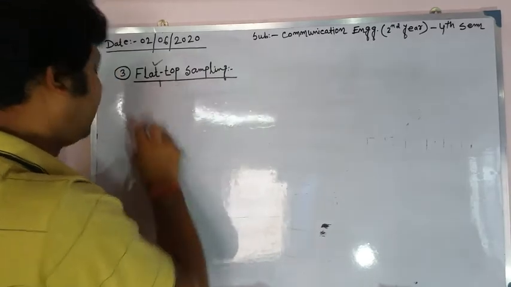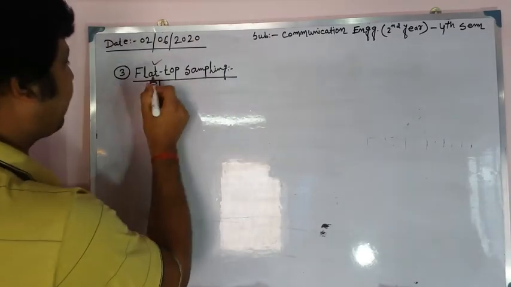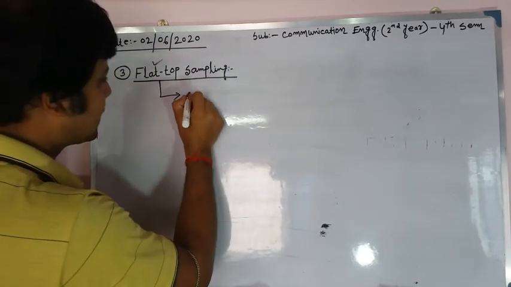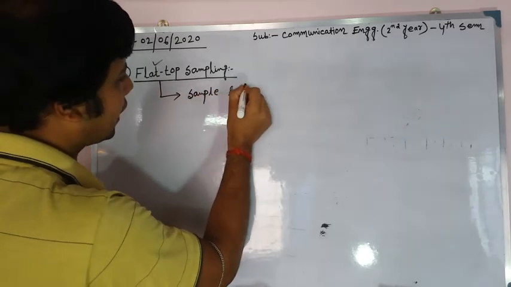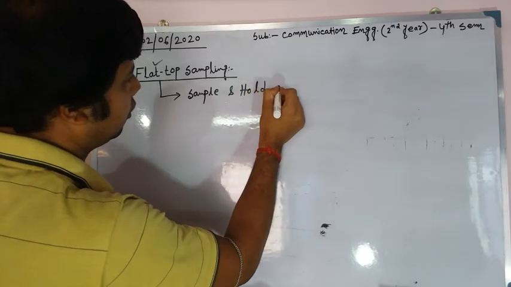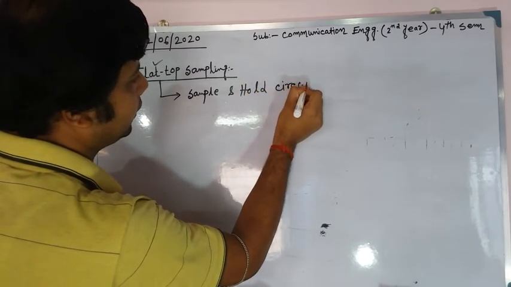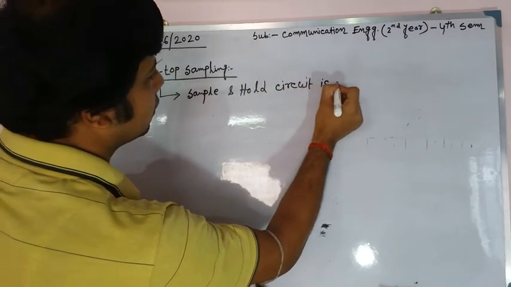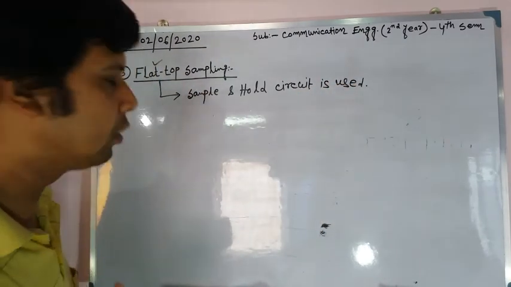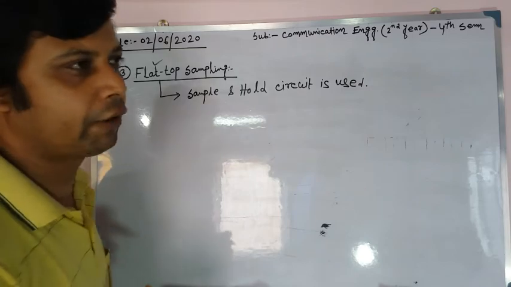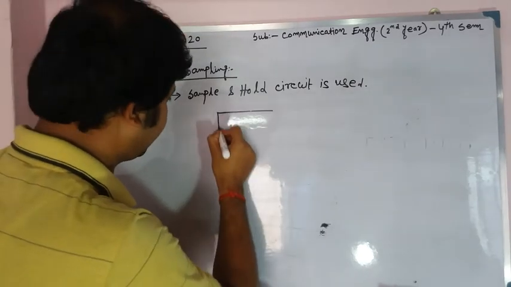To generate the flat top sampling, a sample and hold circuit is used. So by the use of a sample and hold circuit, we can generate the flat top sampling.